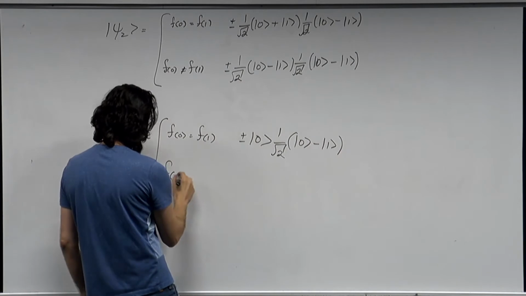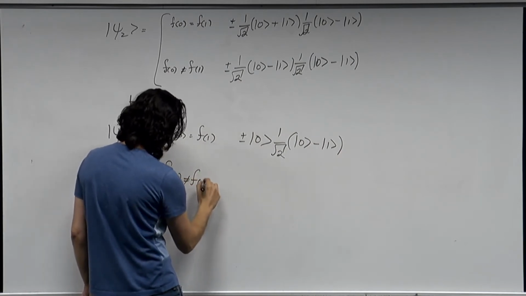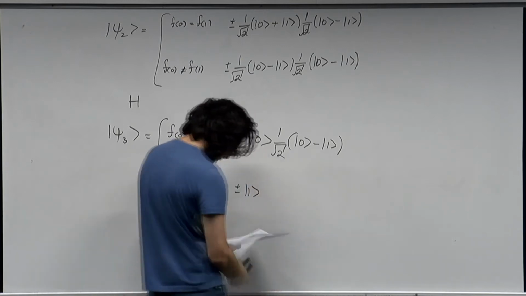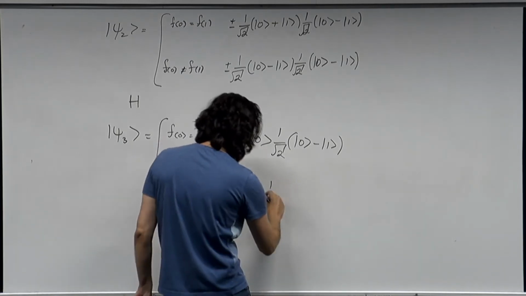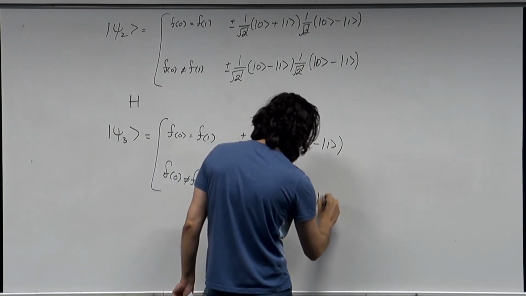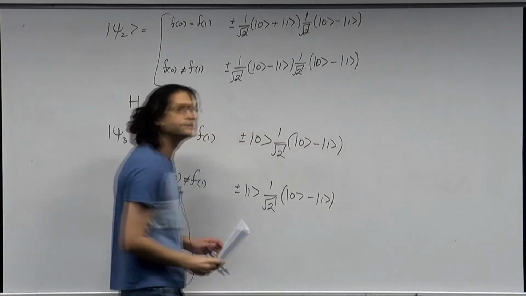And for the case of f of 0 not equal to f of 1, then we get plus minus 1, same thing, 1 over square root of 2, 0 minus 1. Okay?